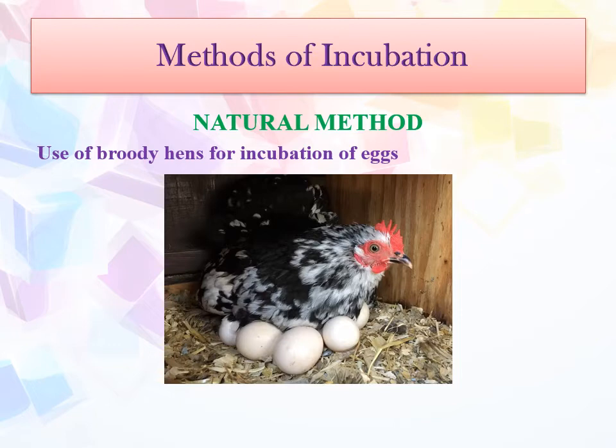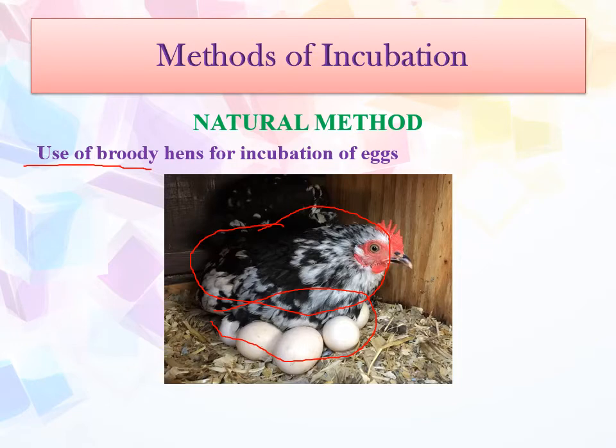The natural method, in which the use of broody hens for incubation of eggs is required. So here you can see in this picture, these are the fertile eggs, and on these fertile eggs, this hen called a brooding hen will sit for 21 days to provide sufficient temperature, humidity, ventilation and turning. So it is called the natural method.